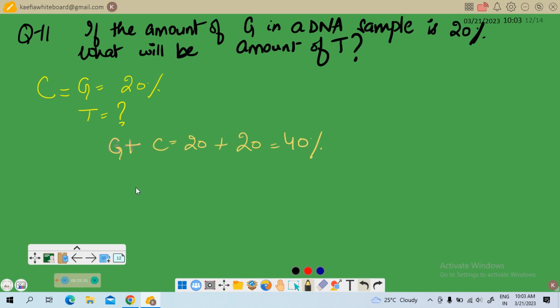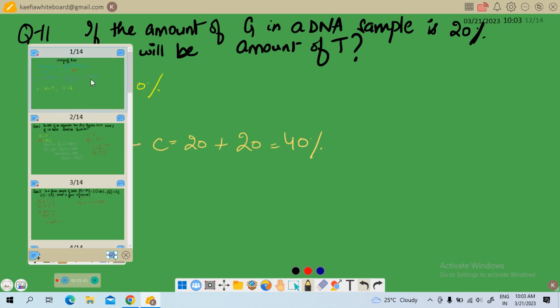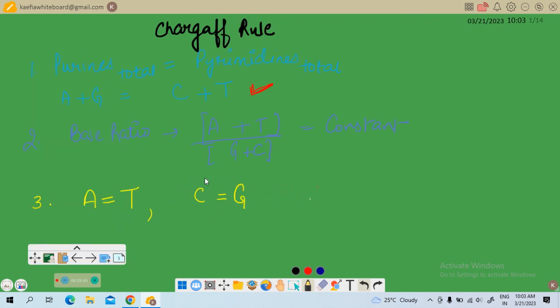Here the second rule is applied, the A plus T over G plus C base ratio. A plus T over G plus C is constant.